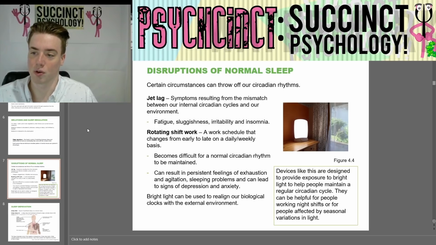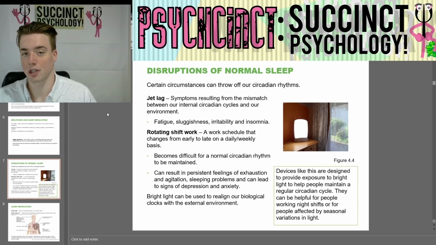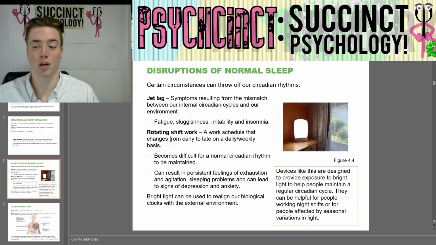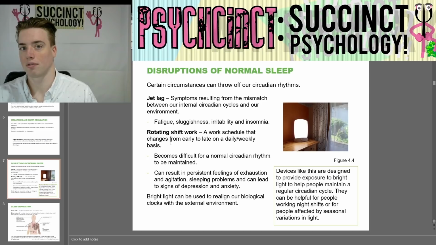So, disruptions of normal sleep. Certain circumstances can throw off our circadian rhythms. For example, jet lag, symptoms resulting from the mismatch between our internal circadian cycles and our environment. This can lead to fatigue, sluggishness, irritability, and insomnia. If you've ever traveled on a plane to a different time zone, you definitely know what jet lag is, because going from one place to another, the place you're going to is 1 hour behind where you left from.